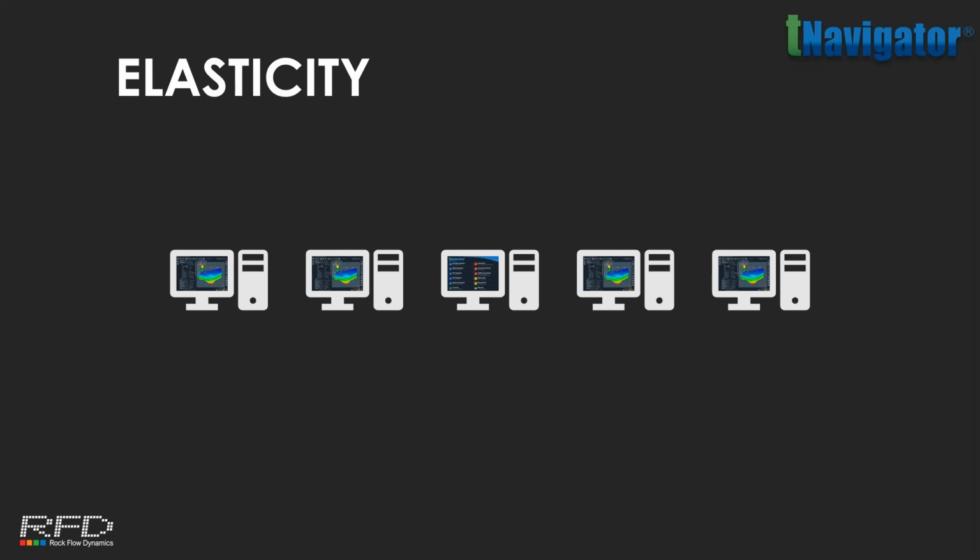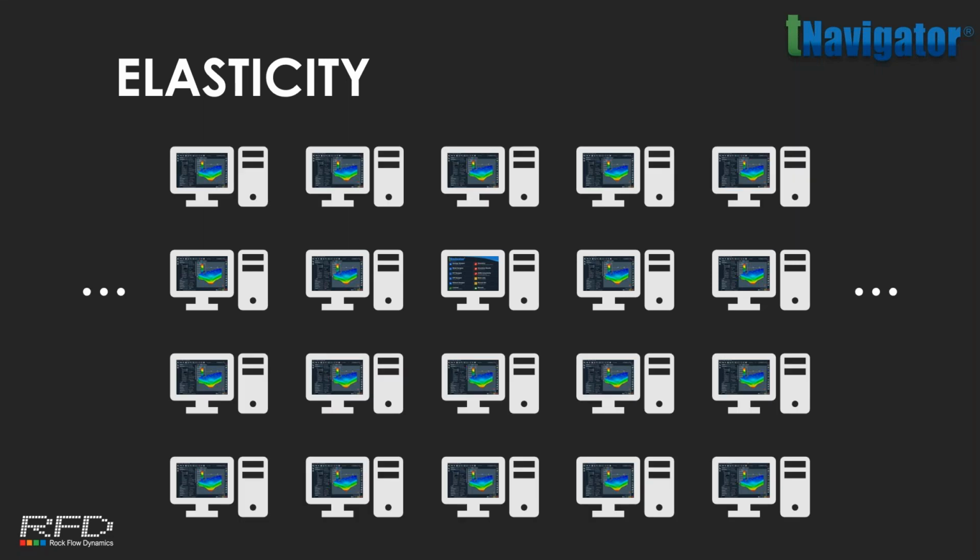But then let's say you want to do an optimization under uncertainty exercise, or maybe a big history matching project. Now this requires hundreds, if not thousands of simulations. Well, at the click of a button, you can pretty much scale to tens, hundreds of machines all working together to thump all your simulations.